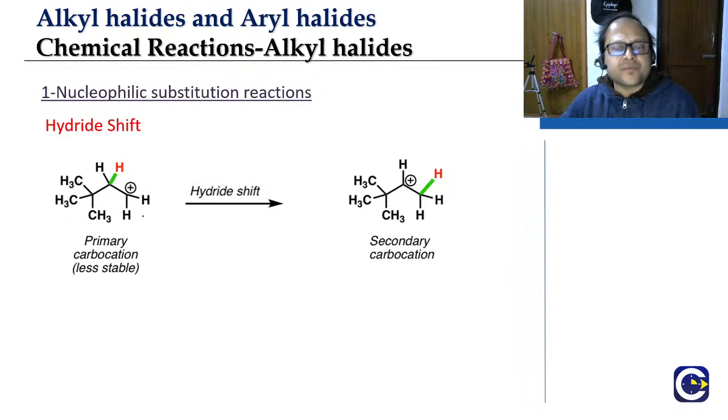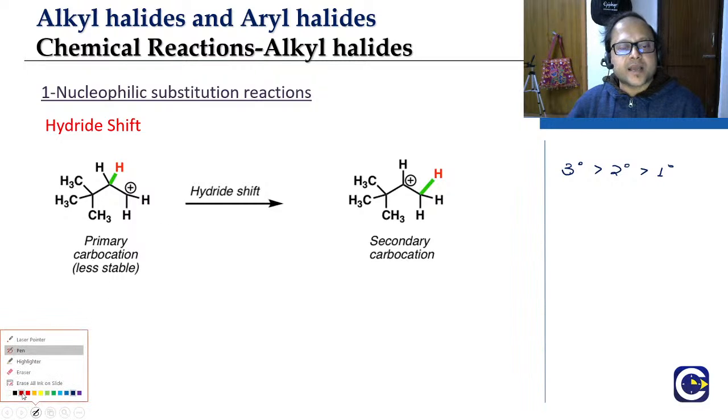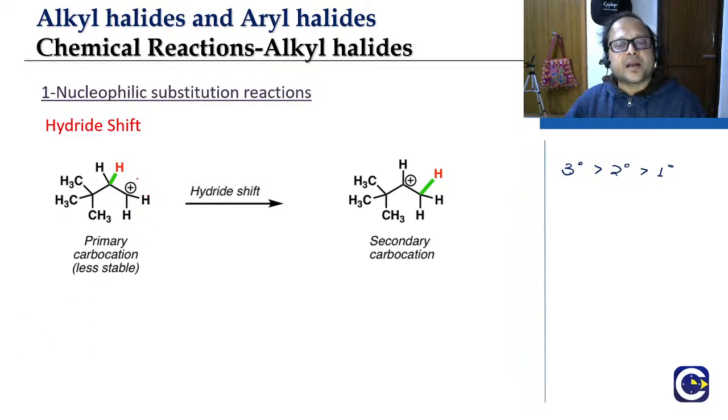See, now in case of carbocations, we know that the stability order for carbocations is simply tertiary greater than secondary greater than primary. So that is what we know, right? Now what happens is that this is a primary carbocation, you see, and this is a secondary carbocation. So obviously the primary carbocation is less stable. So if the energy provided inside the solution is sufficient, then one of the secondary hydrogens will simply get transferred here, right?